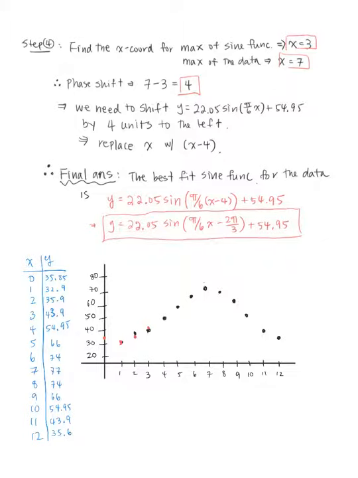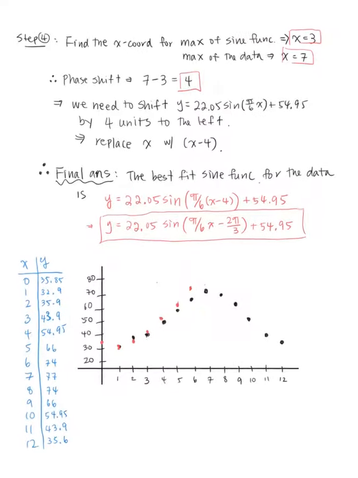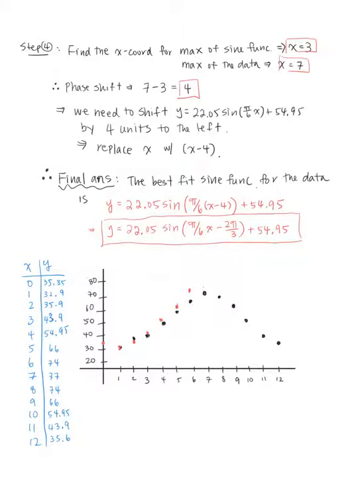Then 4 is 54.95, 5 is 66, 6 is 74, 7 is 77, 8 is 74, and back to 66, and then 54.95.